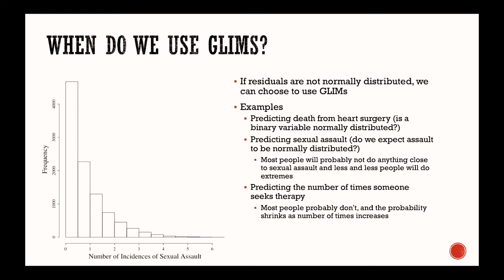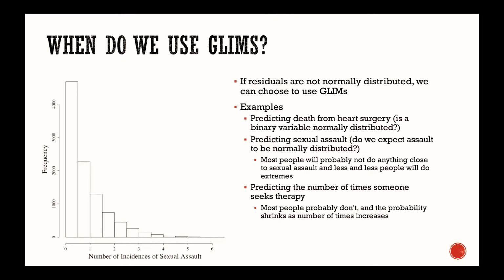So some examples here. Let's say we're predicting death from heart surgery. Is a binary variable expected to be normally distributed? I don't think so! What about predicting sexual assault? Do we expect assault to be normally distributed? Boy, I hope not!